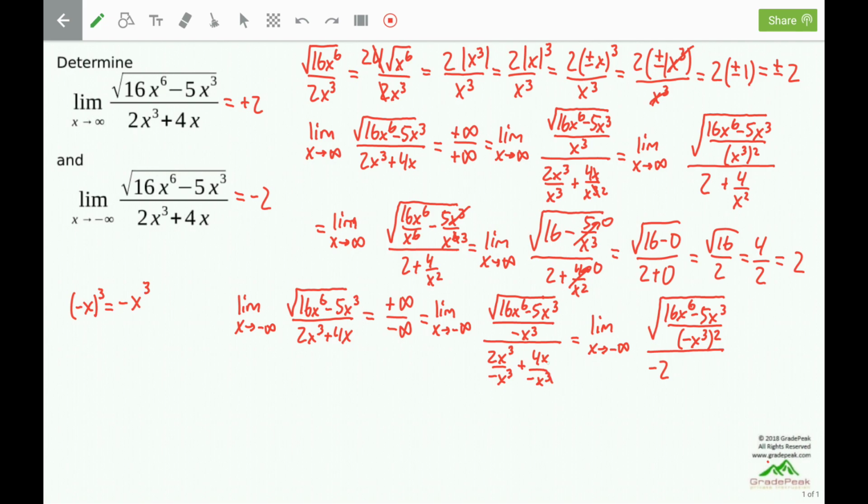In the second term, one of the x's in the denominator can cancel with the x in the numerator, and the positive and negative will multiply to be minus, and it'll be 4 over x squared. In the numerator, each term can be put over negative x cubed squared. Well, negative squared is positive, and x cubed squared, multiplying the exponents 3 times 2, will be x to the 6. So each term in the numerator can be put over positive x to the 6.